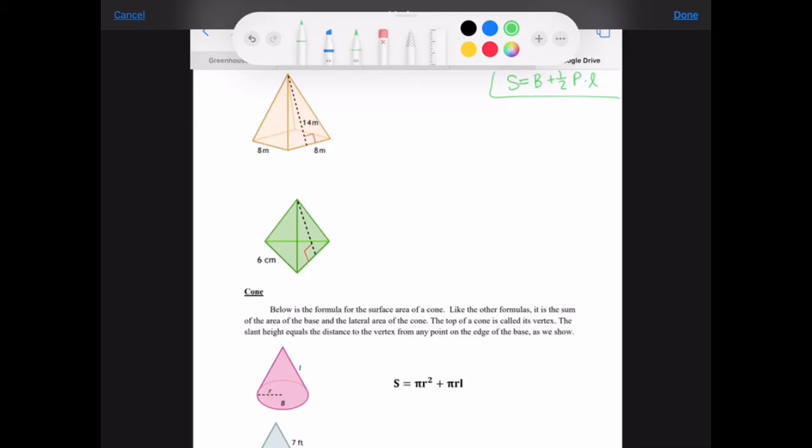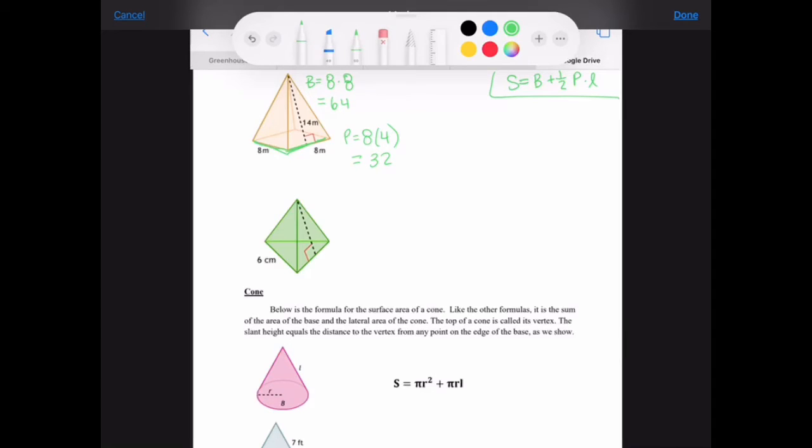So let's start with our base area. Our base is 8 by 8, so b equals 8 times 8, which is 64. And then our perimeter equals 8 times 4, because there's 4 sides, which gives us 32.